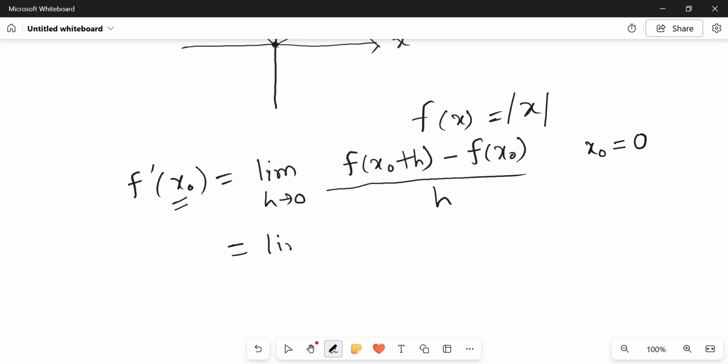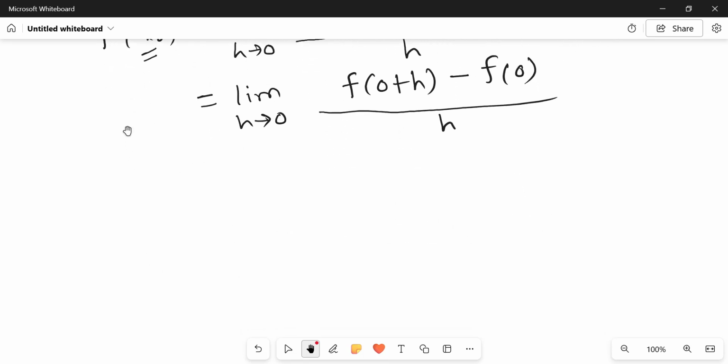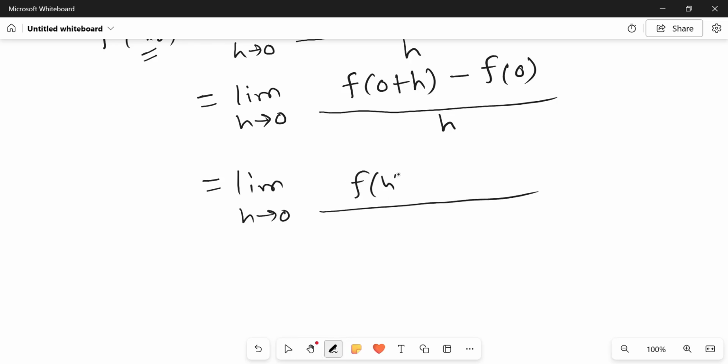Now if we calculate it, limit h tends to 0 of f(0 + h) minus f(0), divided by h. This is equal to limit h tends to 0 of f(h) minus f(0), divided by h.